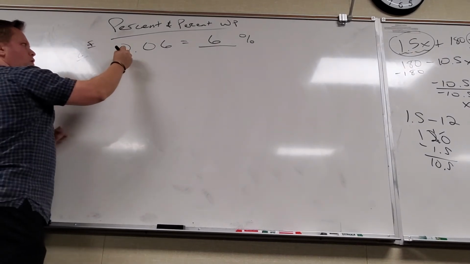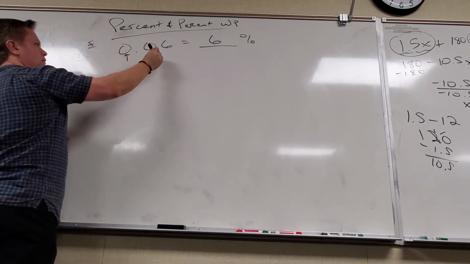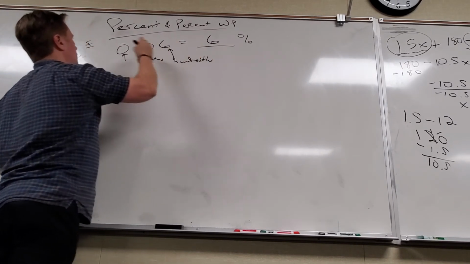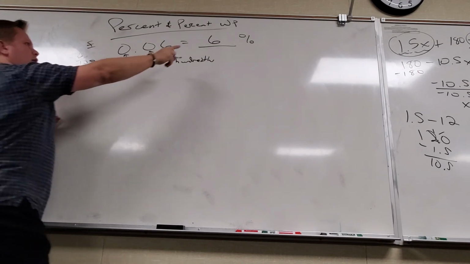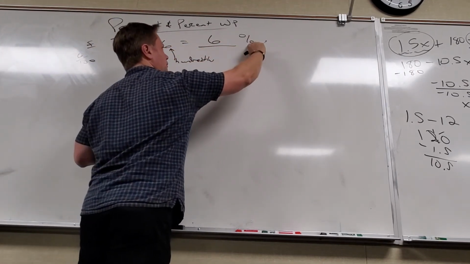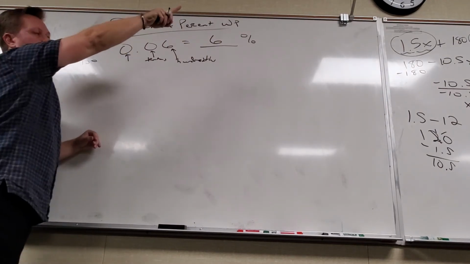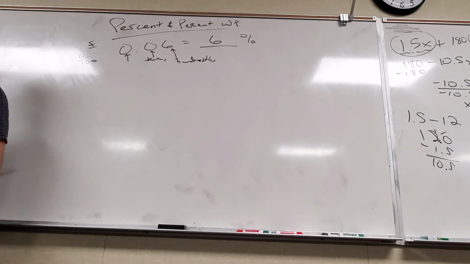Yeah. This is the ones, this is the tenths, this is the hundredths. And why does that really kind of make sense? Because what's the percent symbol mean? Per 100. 6 per 100, 6%. Kick ass, right?